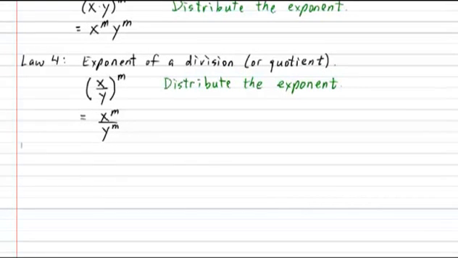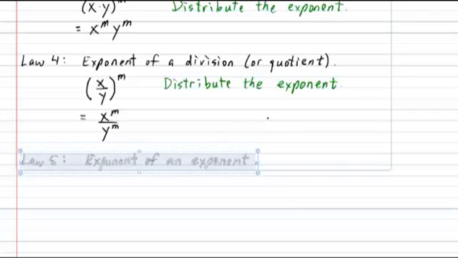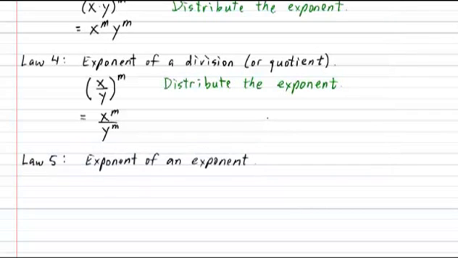And finally, the last law that you probably ran into in grade 9 math was the following. The exponent of an exponent. And this means the following. The most basic example would be, suppose I had x to the power of m and that entire thing to the power of n.